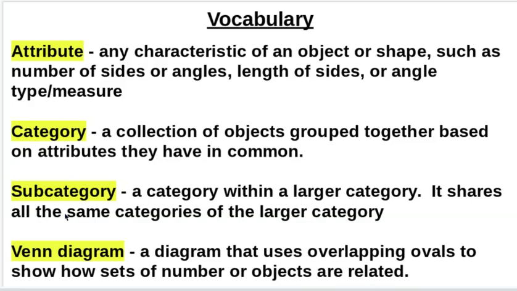A category is when we group shapes or things together based on a common attribute. And then you can get more specific if you break it down into subcategories. And you can remember that we used a Venn diagram with those overlapping ovals, or sometimes the ovals are completely inside other ovals, as well as a tree diagram.